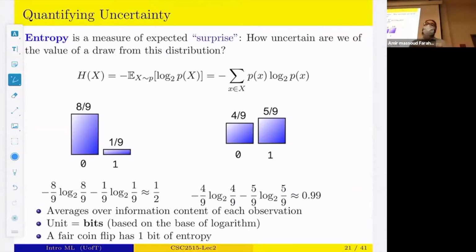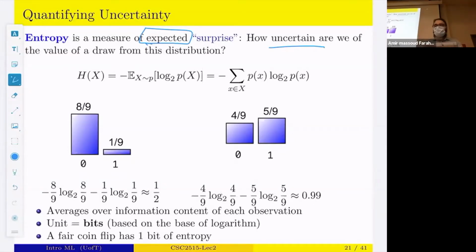Okay, so we have this notion of entropy, which is a measure of surprise that we have in seeing a sequence or any observation from a random variable. Explicitly, it is the expected surprise, which defines how uncertain we are when we see a value drawn from a distribution.